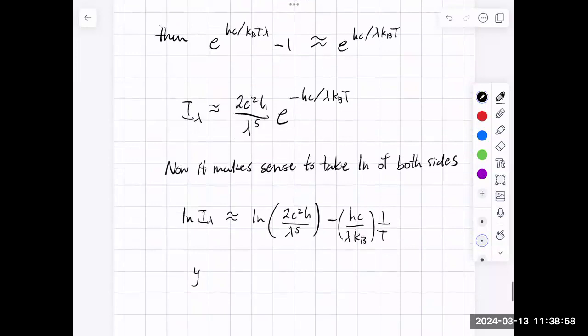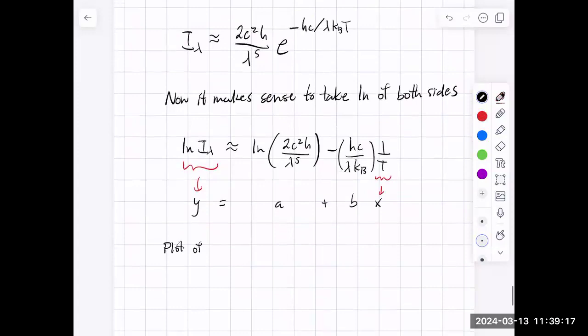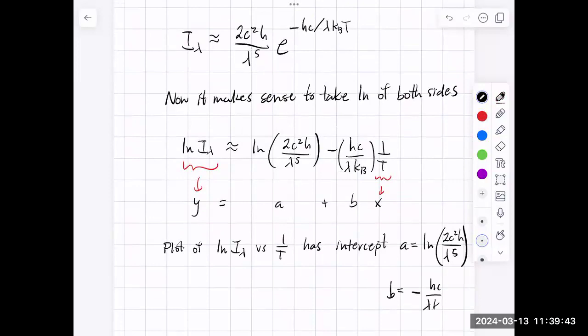And so if you compare that to y is equal to an intercept plus a slope times x, we'll take the ln of the intensity for y, and we'll take 1 over T for x, so that a plot of ln intensity versus 1 over T has intercept A, which is some complicated thing, and then B is equal to minus hc over lambda kB.